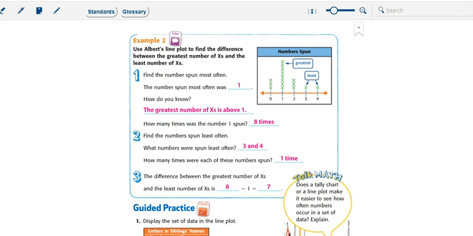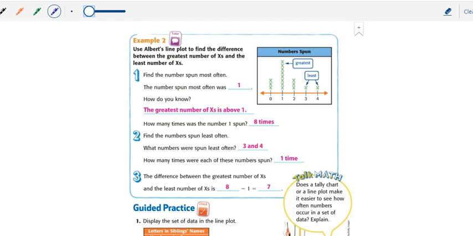Now, let's do example number 2. Use Albert's line plot to find the difference between the greatest, which is the biggest, and the least number of x's, okay? Now, find the number spun most often. Which was the number that most often occurred?